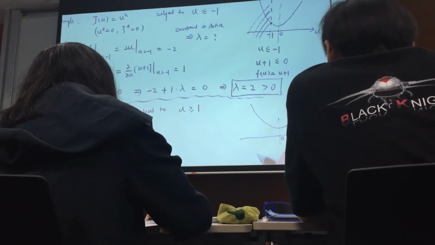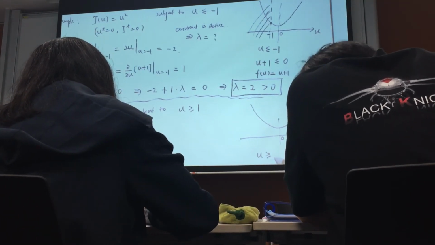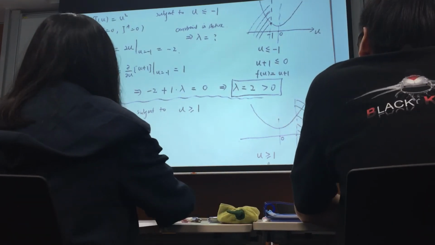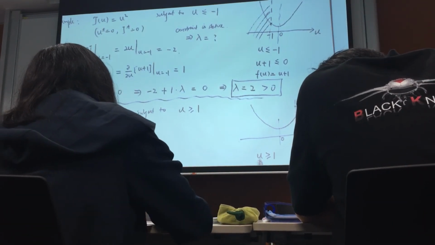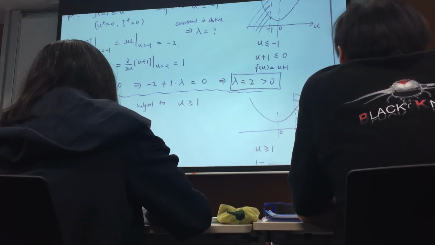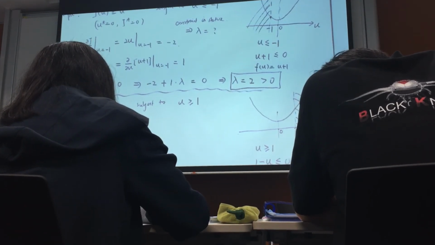So we have this u greater than or equal to 1. To convert the constraint into the standard form, it is given by 1 minus u smaller than or equal to 0.